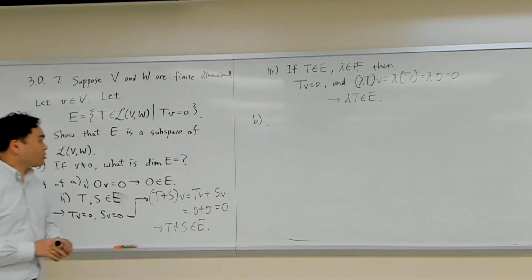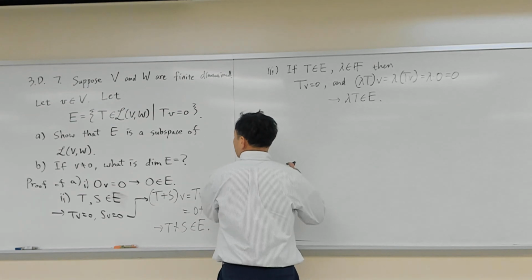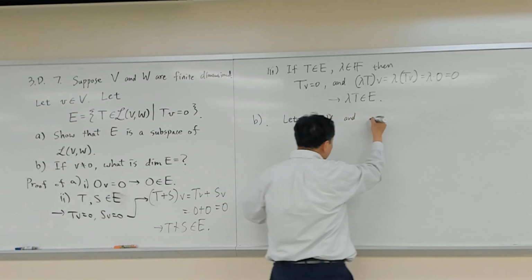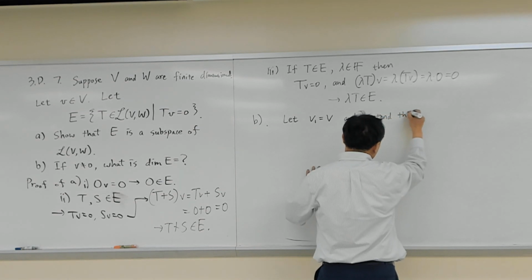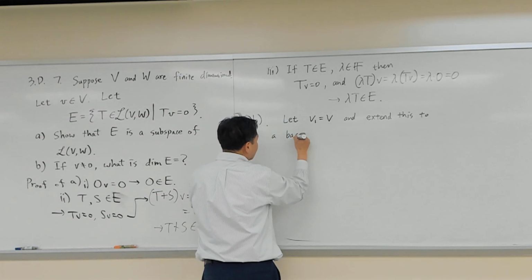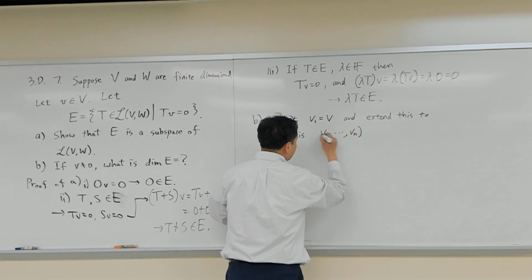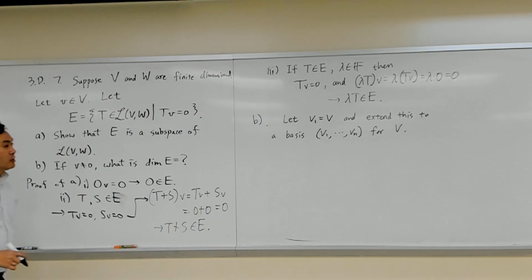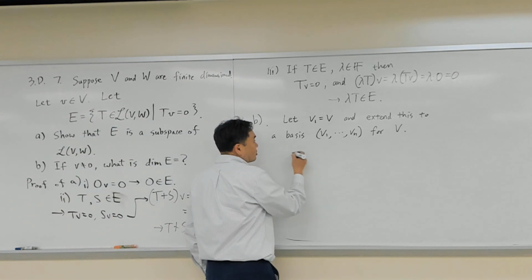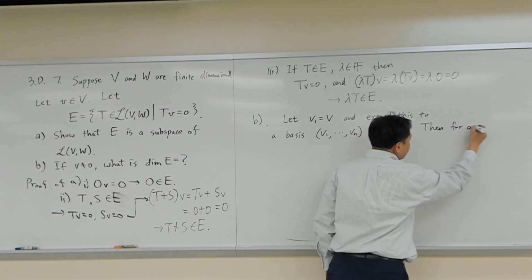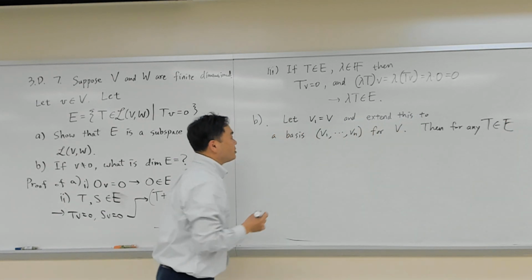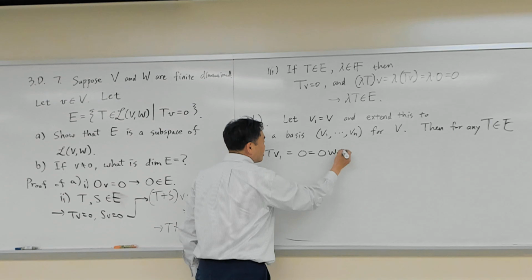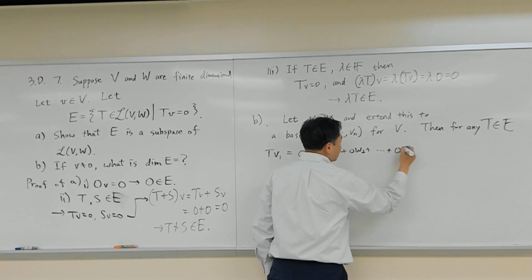I guess the easier way to see it is: let v1 be v, and extend this to a basis v1 through vn for V. Now for any T in E, T of v is 0, so T of v1 is also 0, which is 0 w1 plus 0 w2, and so on, 0 wm.